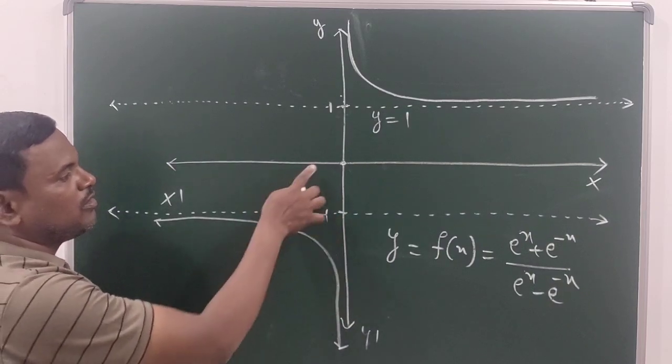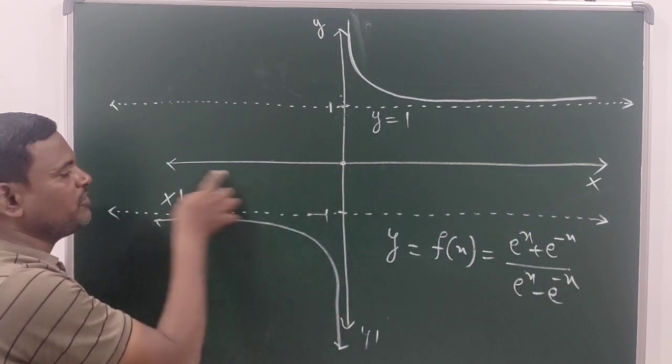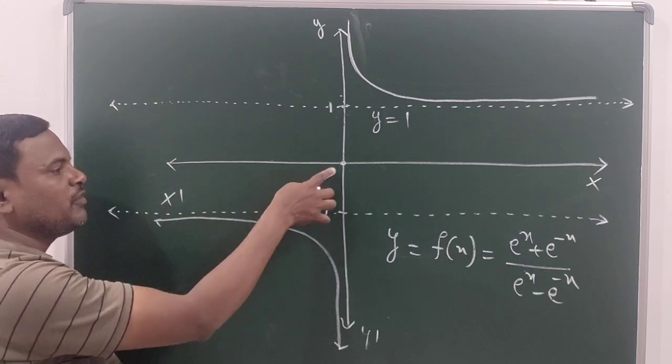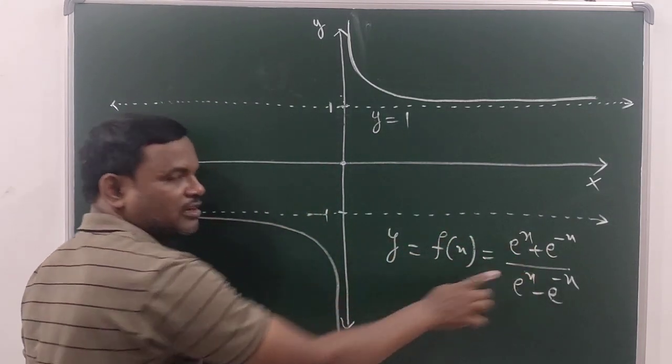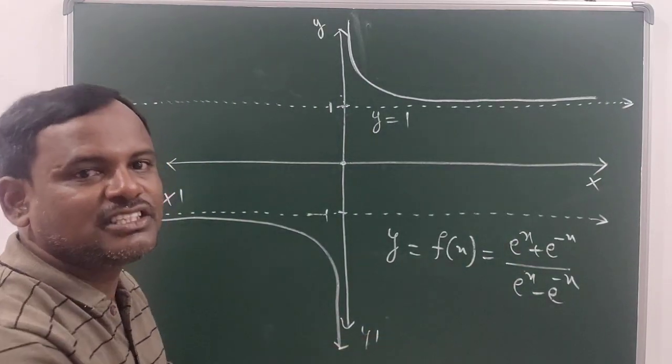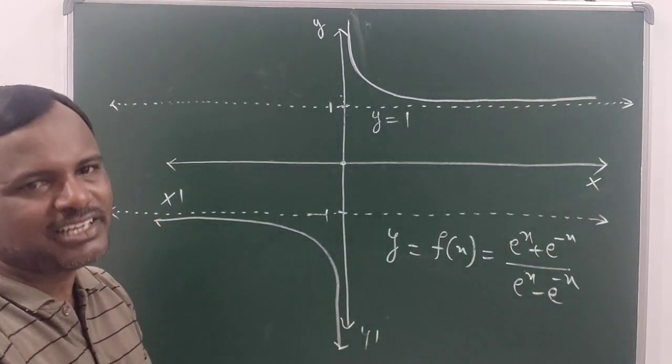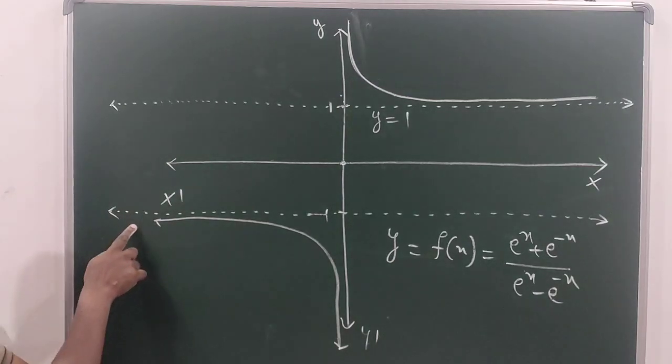Move from 0 to the left side here. If you reach minus infinity, your result reaches minus 1, but not exactly minus 1, so that you get the graph like this.